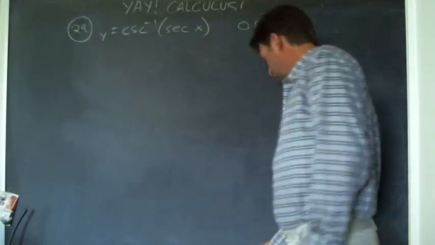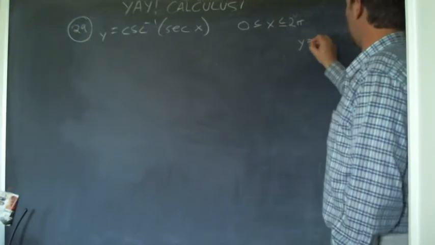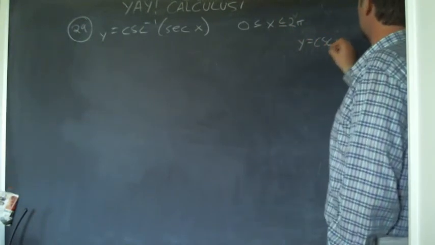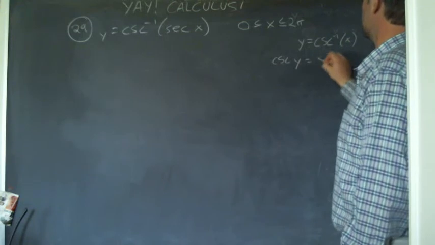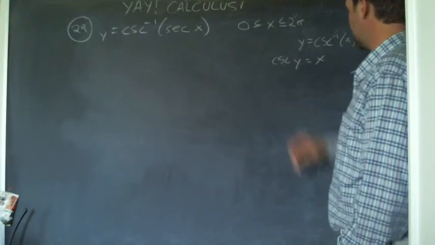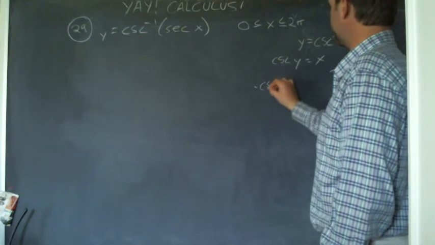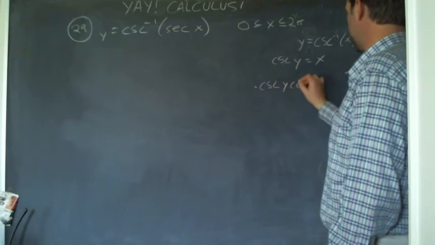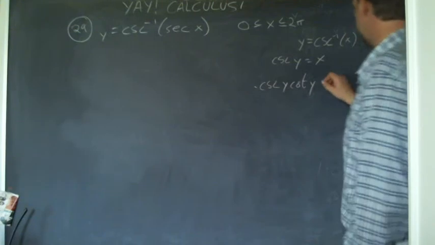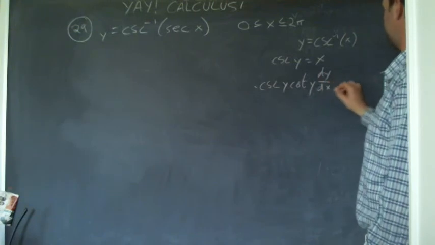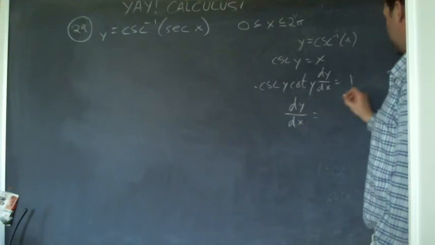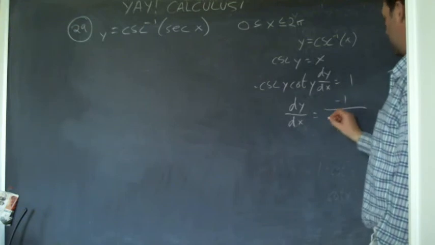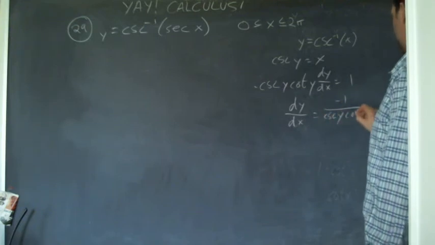All right. We have inverse cosecant. We're going to come over, do our usual. y equals inverse cosecant of x, which means cosecant of y is equal to x, which when we differentiate, the derivative of cosecant is negative cosecant y cotangent y, and dy/dx equals 1, which means that the derivative with respect to x is equal to 1 over, by division, cosecant y cotangent y.